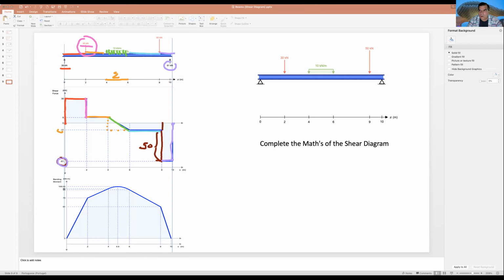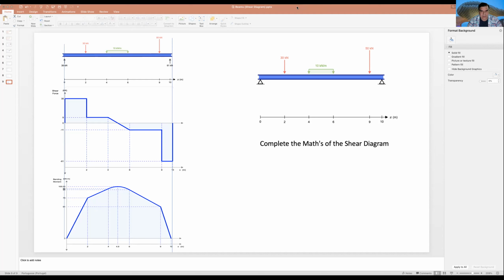And that is all. You have other exercises that you can practice in the book. I hope you will practice a lot to understand the shear.